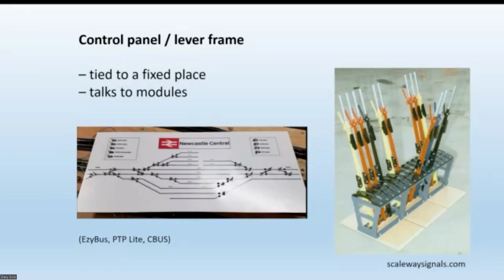You're not walking around. The lever frame's on the layout, as is your control panel. Luckily, the 3 MERG systems all support that. The EasyBus, peer-to-peer light, and CBus all are able to handle control panels and lever frames.